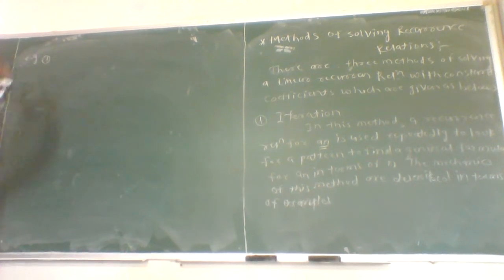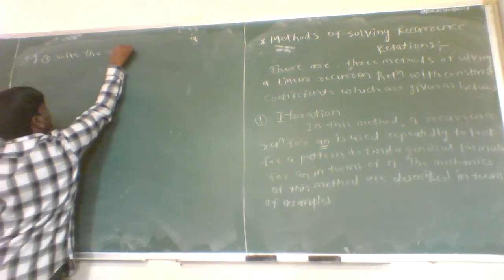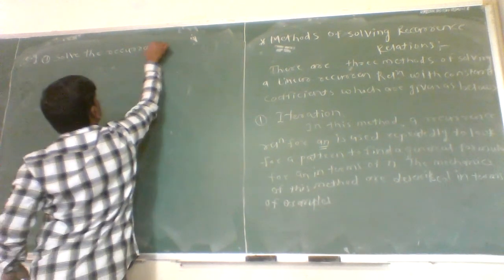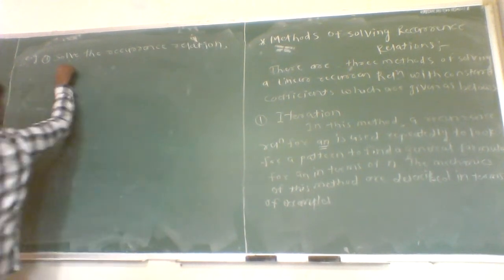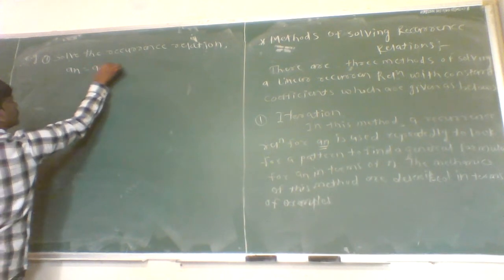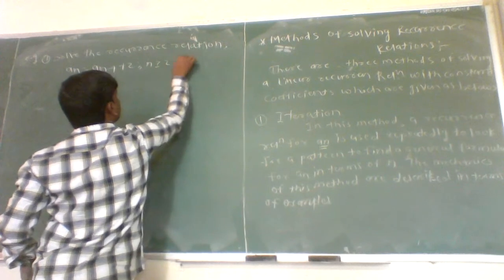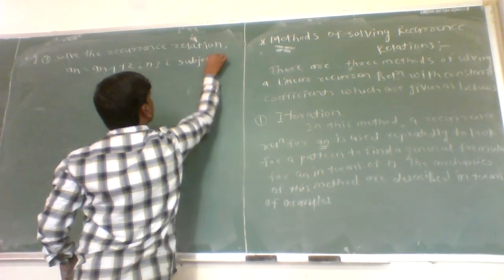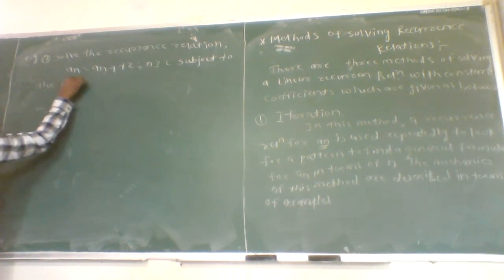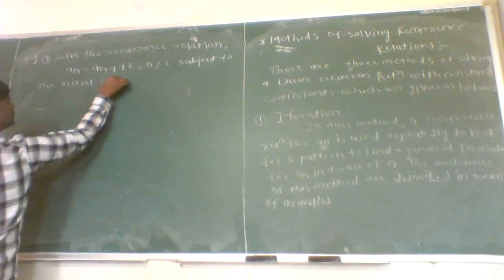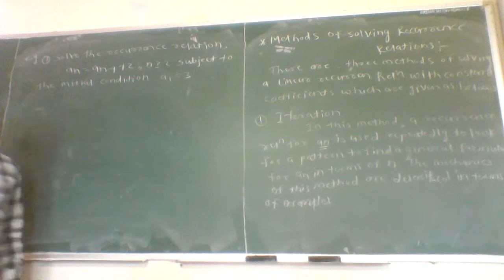First, solve the recurrence relation a_n equal to a_{n-1} plus 2 whenever n is greater than or equal to 2, subject to the initial condition a_1 equal to 3.